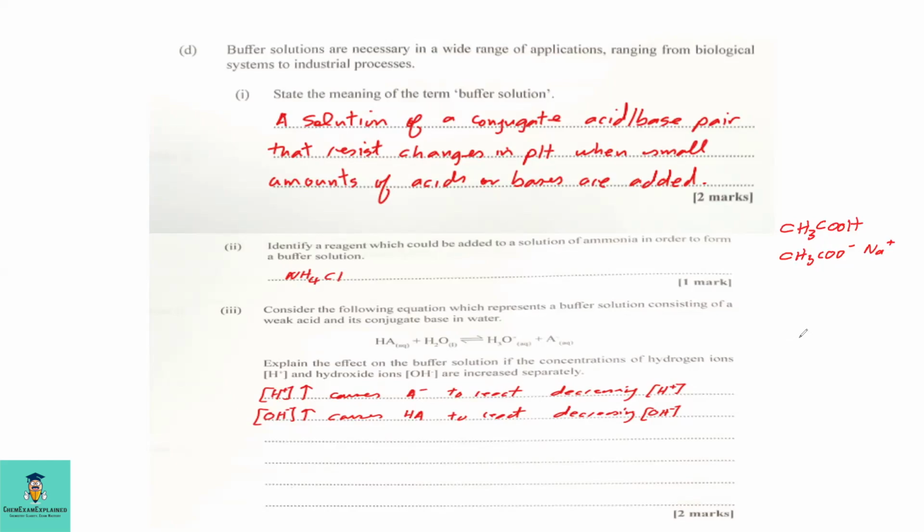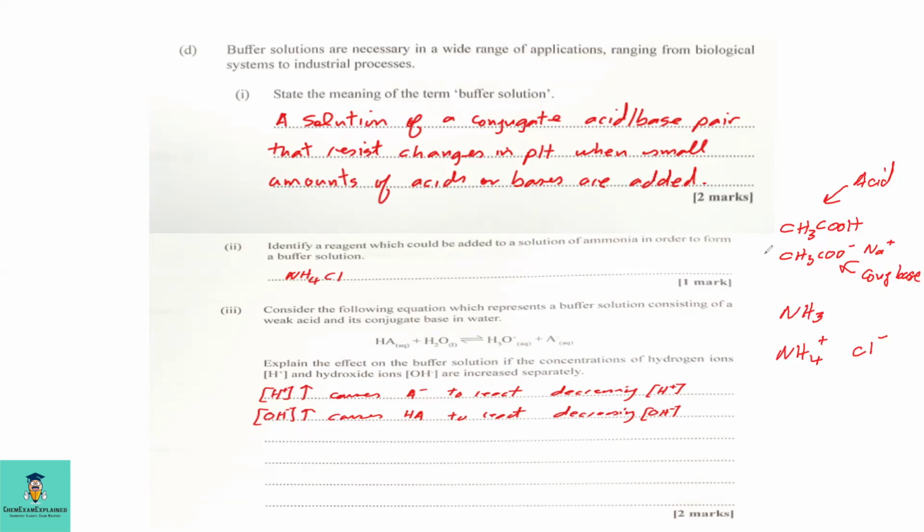A base buffer consists of a base and a conjugate acid. In this case, NH3 would be the base, and the conjugate acid would be NH4 plus. Again, so you're not confused, I could put Cl minus. So here we have an acid, and this is your conjugate base.